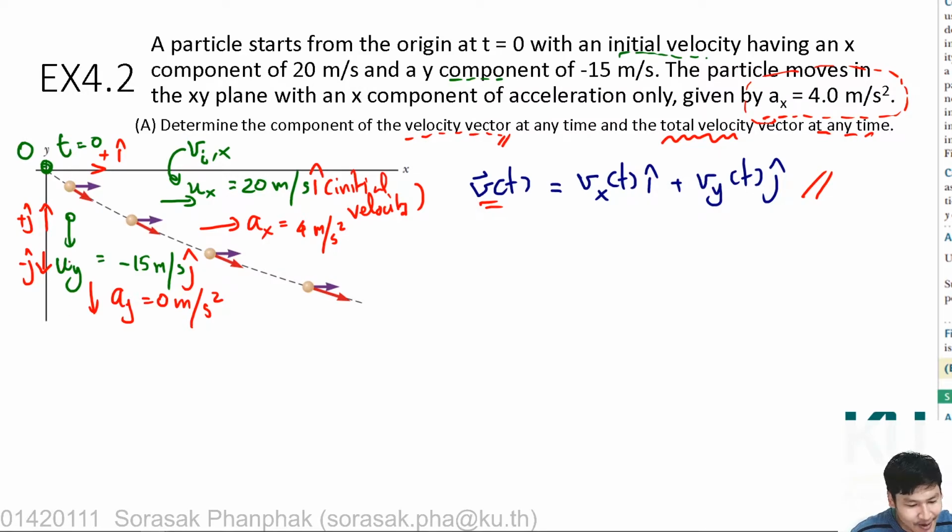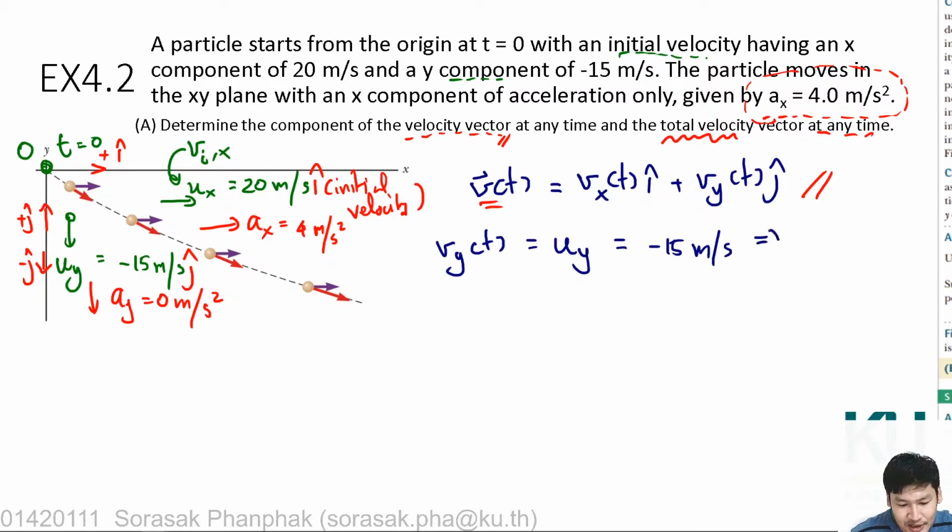As you can see, the y direction is simple because it's moving with constant velocity. So you get the Vy component first. Your Vy component at any time point is going to be constant. It's going to be equal to Uy. So your Vy(t) is minus 15 meters per second.